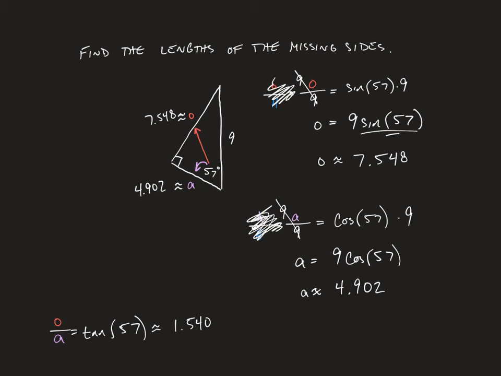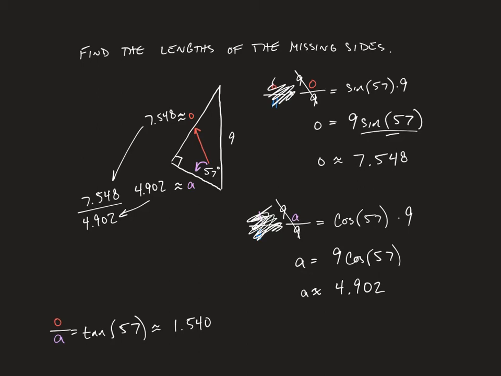Let's make sure that this holds true in this example. So let's take this O value, 7.548, and divide it by this A value. Instead of using just generic O and A values, we'll use our actual O and A values and confirm that this relationship holds true still.